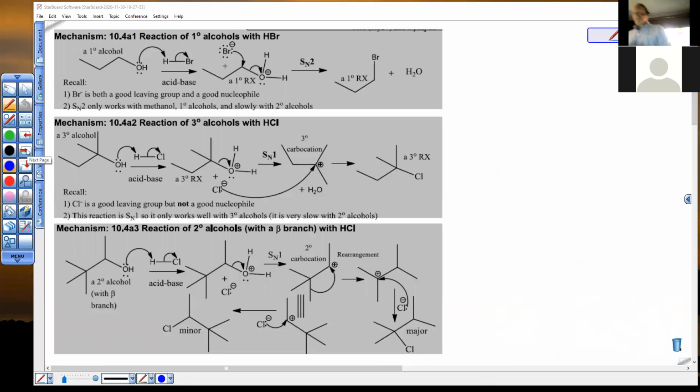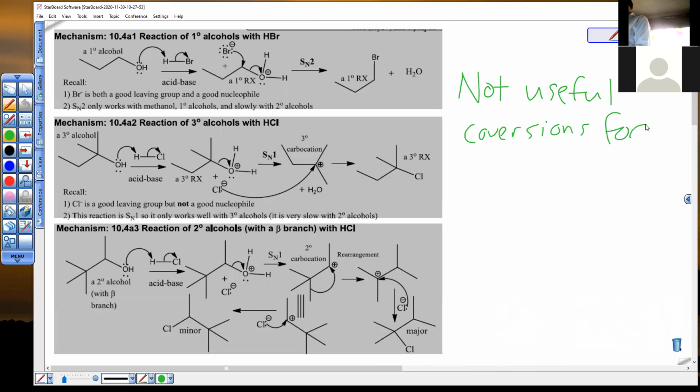All right. On this page, I've summarized a bunch of reactions. The chemistry's interesting. I just want to point out these are not useful conversions for R-OH going to R-X.